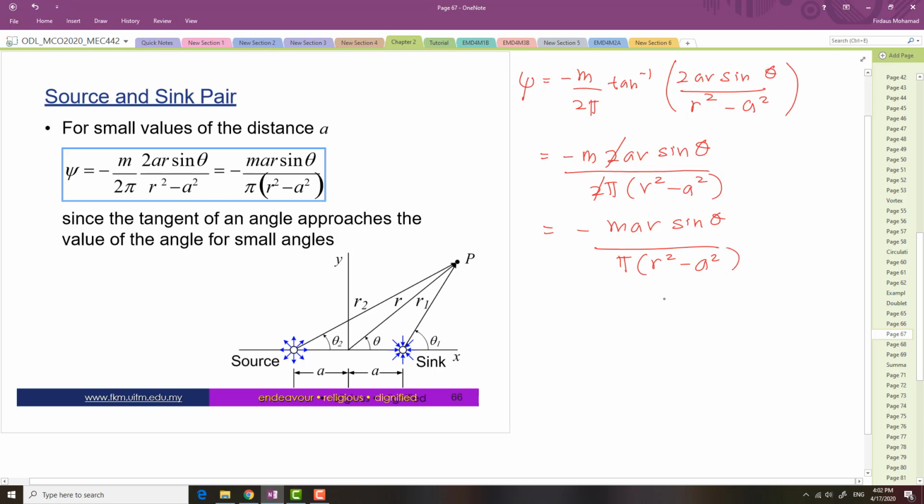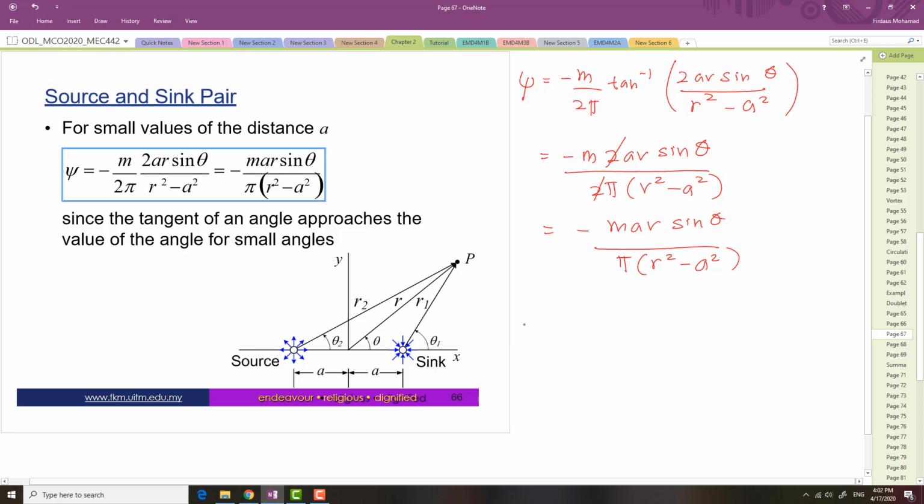Okay, so this equation for psi can still be simplified, because as I mentioned on the first slide, when source and sink approach one another, a can be assumed very small.